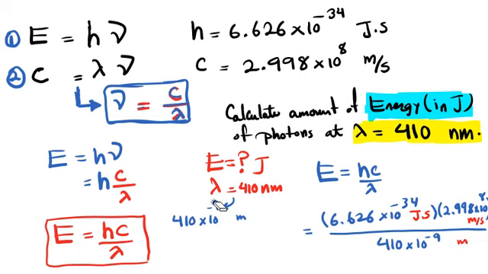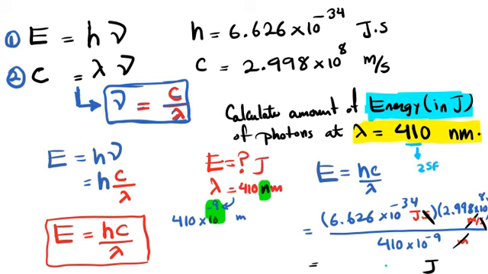So look here, if you have nano, you just need to write 10 to negative 9 and meter, like I did. Right now, second and per second cancel out, meter and meter cancel out. The only unit that remains is joule. I need to report my final answer, and you know that it is by 2 sig figs, because 410 has 2 sig figs.